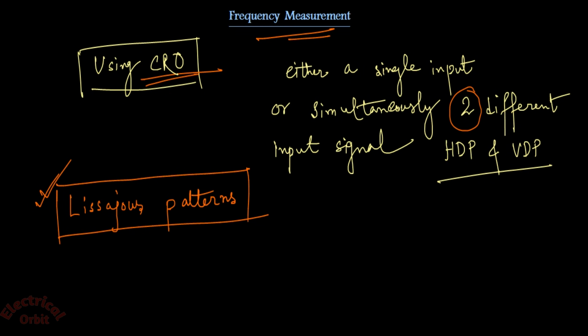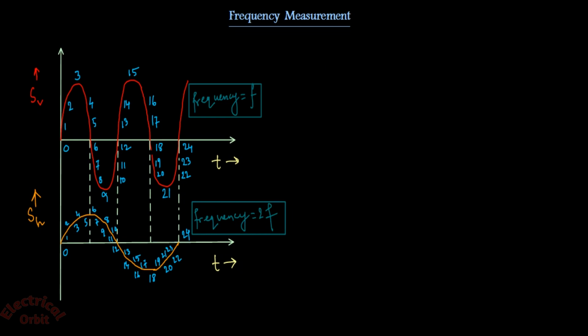So let us see. I have drawn here two different signals that have been applied to the horizontal and vertical deflecting plates. First is SV, that is applied to the vertical deflecting plate, and SH to the horizontal deflecting plate.